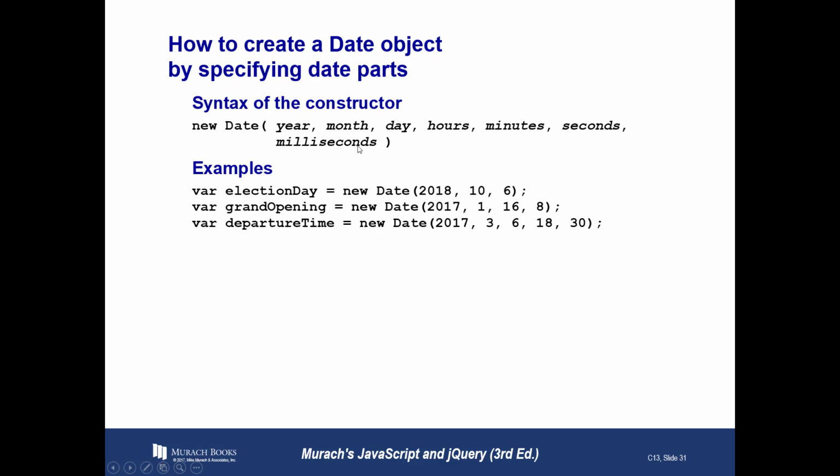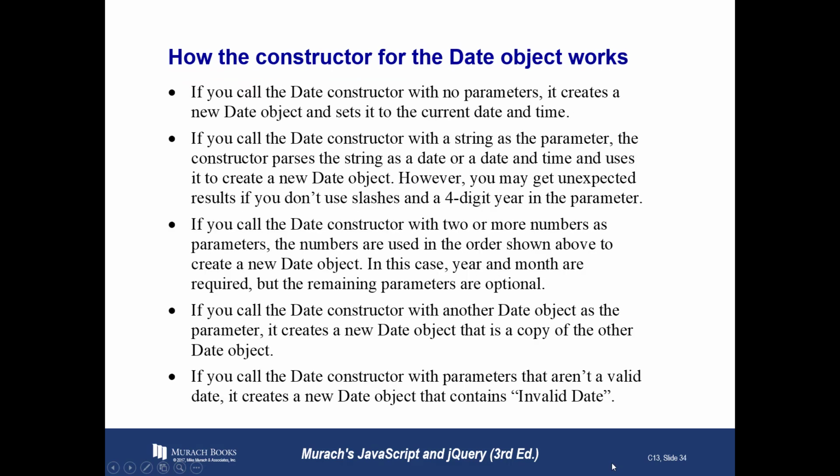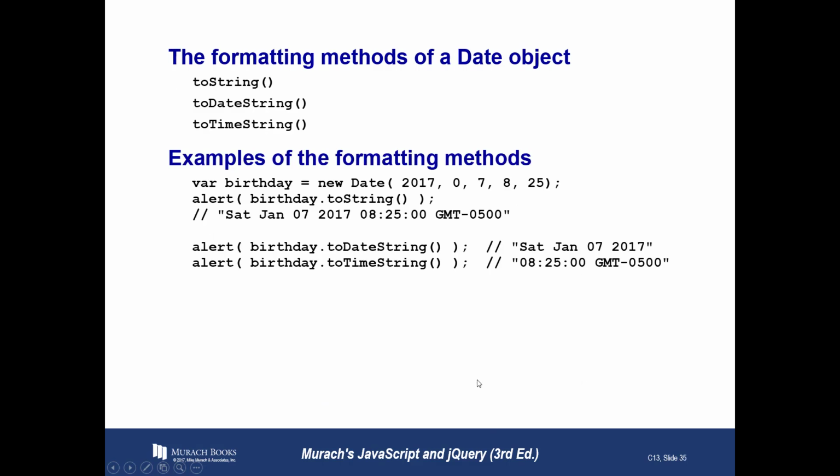That order. If you call the date constructor with another date object, it creates a new date object that's a copy of the original one. If you call it with parameters that aren't valid, it creates a new date object that contains invalid date. So in many ways, invalid date is kind of like the NaN or the not a number.